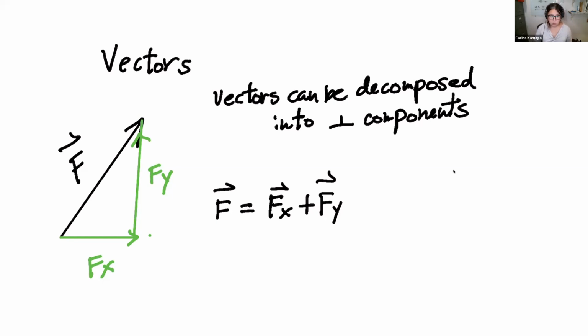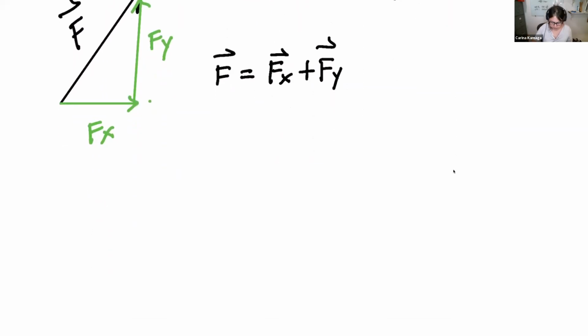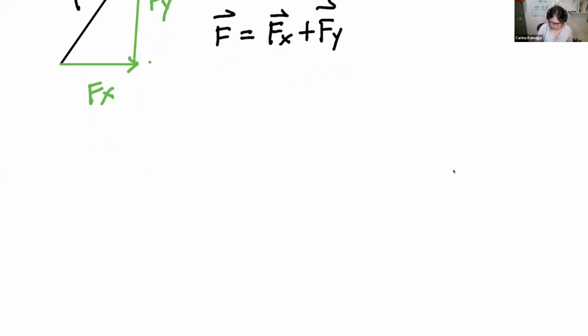It's useful to decompose the vector into two perpendicular components to talk about physics. So let's do the case like this. Here's a dog on a sled.